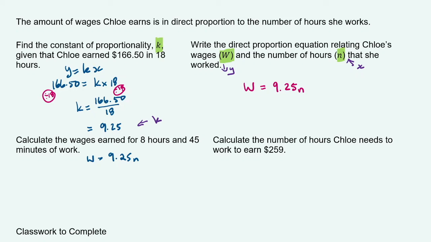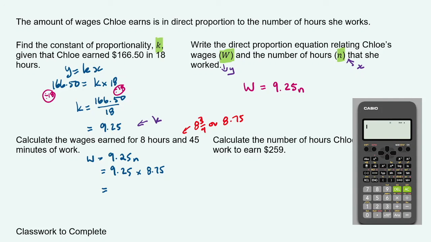Now 8 hours and 45 minutes is 8 3/4 hours, or 8.75. So just remembering that 45 minutes is 3/4 of an hour. So I'm going to have 9.25 times 8.75.